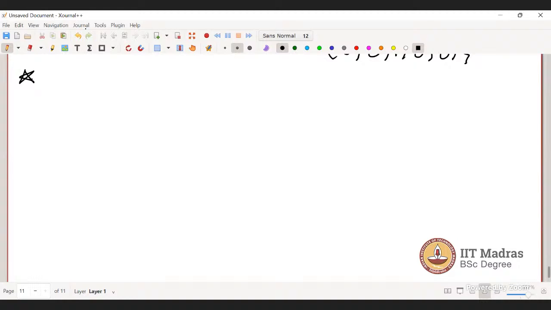No, x naught is basically the initial distribution vector, which is denoted by the x0 vector. So the initial distribution can be anything, right?